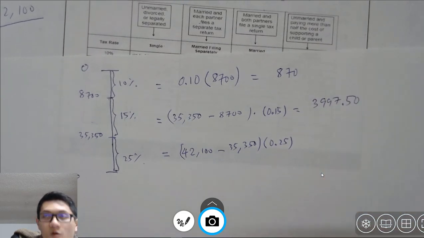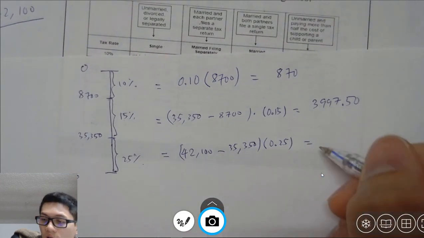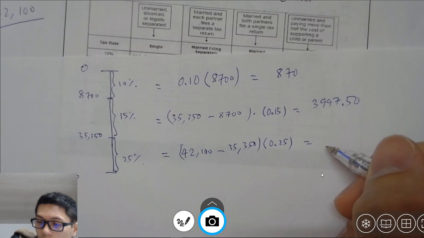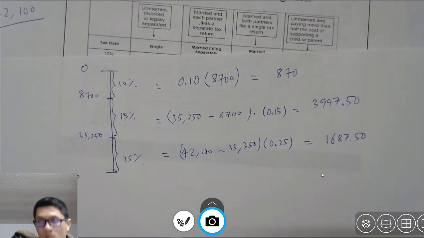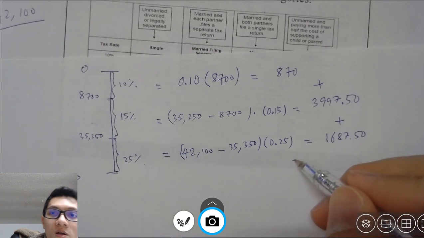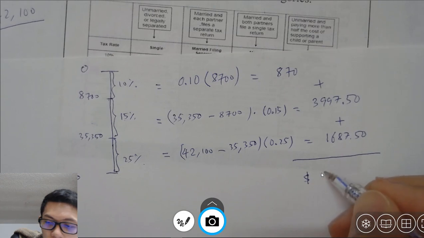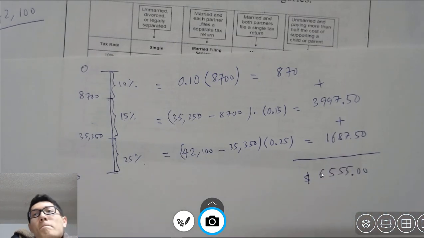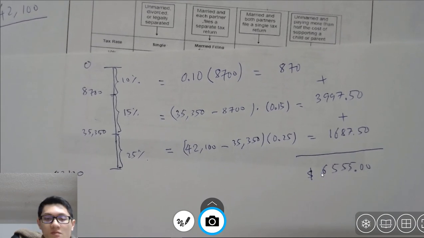And then lastly, do the subtraction, multiply by 0.25, and you should end up with 1,687.50. Because we have to sum them up, this is the summation, because you want her total tax computation. You add all of them together, you get 6,555.00. So that is her tax computation, which is right here.